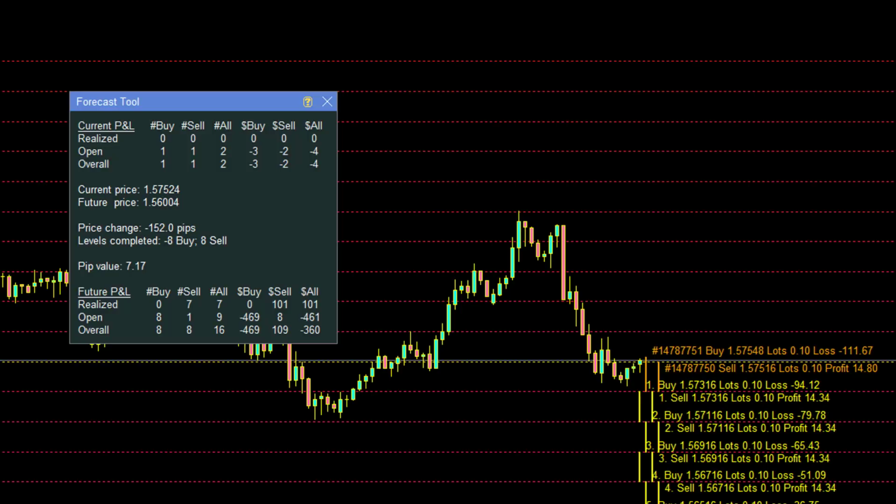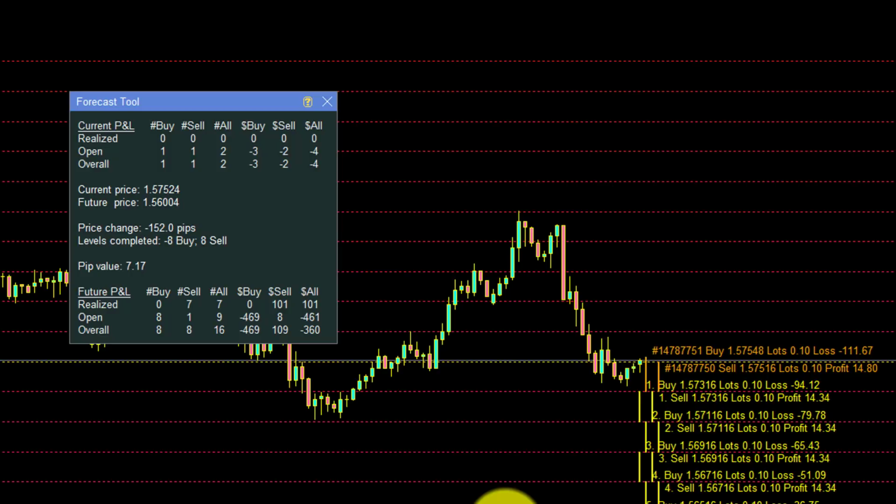So it is a true forecasting tool that you can use before you start trading to put proper account stops and account targets in, or you can do it while you're trading. While you've got open deals, you can look at how far the price must move to hit my target, and how far it must move to hit my stop. And this is a game changer in terms of grid trend multiplier trading, because such a tool has never existed.